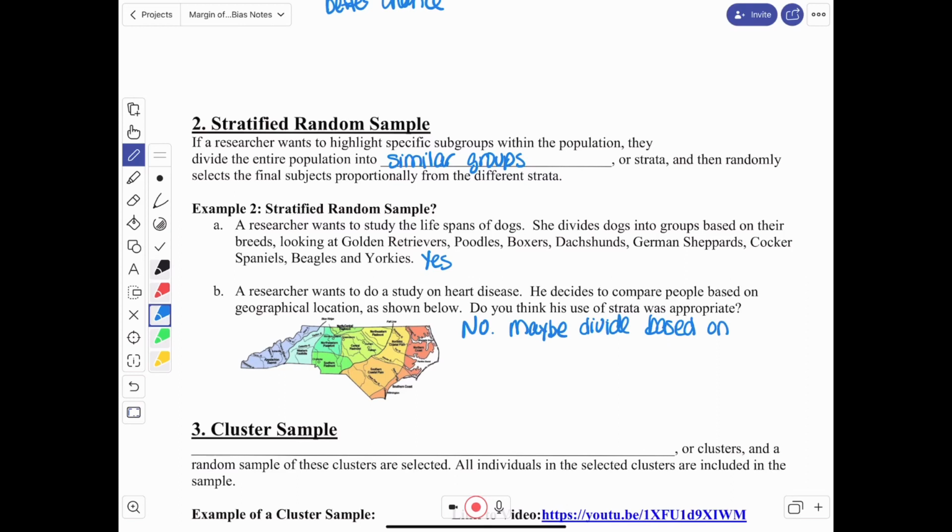So based on maybe weight, blood pressure, or blood cholesterol levels. We want something to do with heart disease, okay? Where they live really doesn't have anything to do with heart disease, okay?